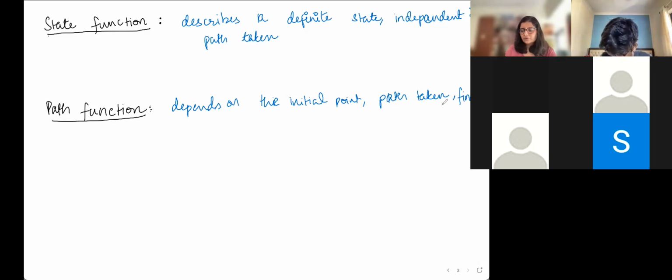So it depends on all three factors. The path function usually depends on what path you've taken, also what direction you're going, how you are doing it, all of that. So a very simplified example I can give you guys is distance versus displacement.